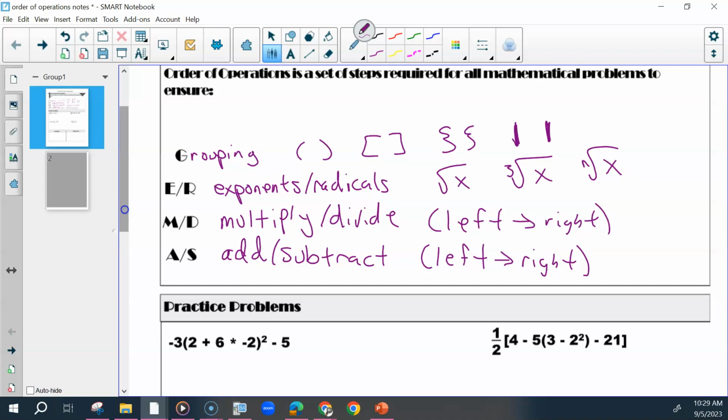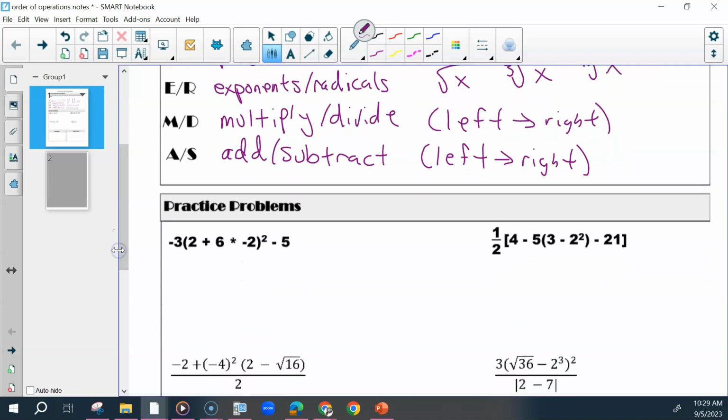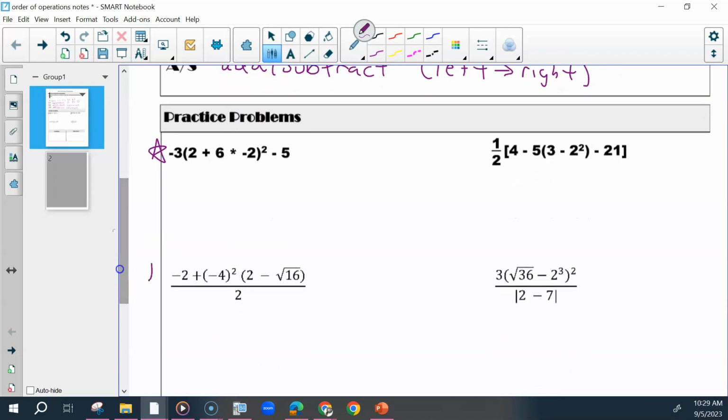But I do want you to try everything. Make sure you're putting everything in the right order. This one and this one. Try those two, and then in a couple minutes I'll let you use Desmos. If you need help with anything or have questions, let me know. All right, go ahead and try those two.